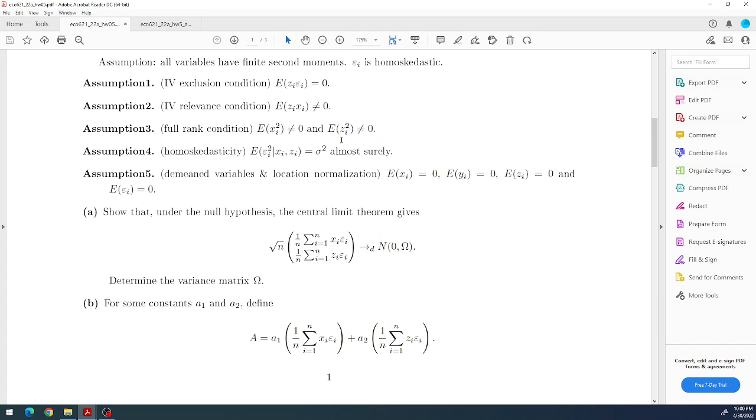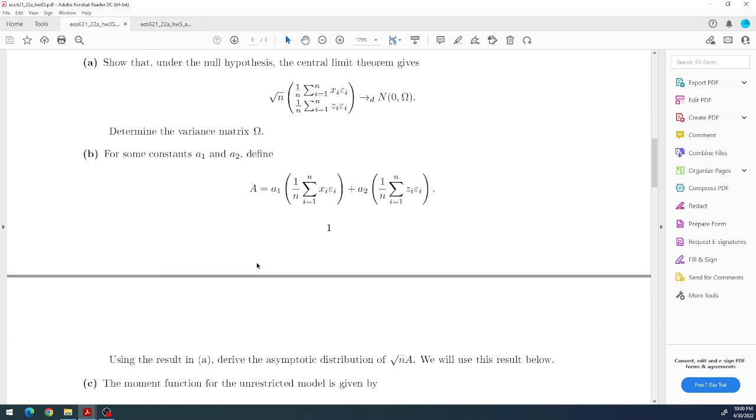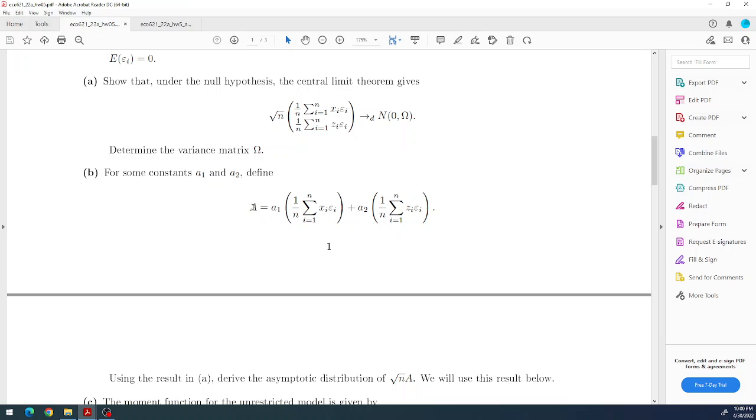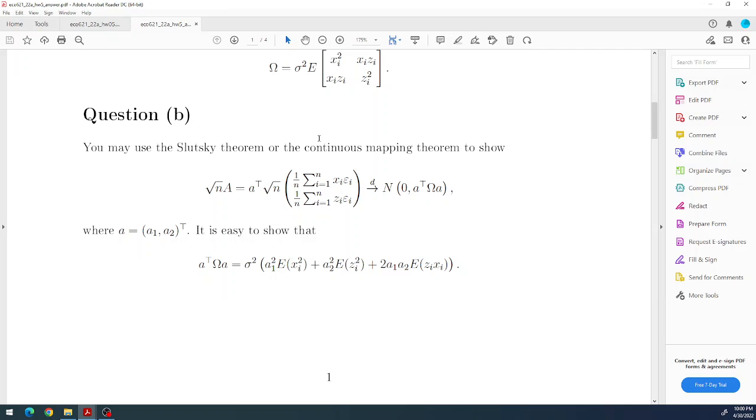And question B. In question B, we use question A, we use this result to derive the asymptotic distribution of something like this. Later, you are going to see these guys will change. You may plug in some different numbers in here, and we'll utilize this. And it's also straightforward. You may use the Slutsky theorem or the continuous mapping theorem to show this, right?